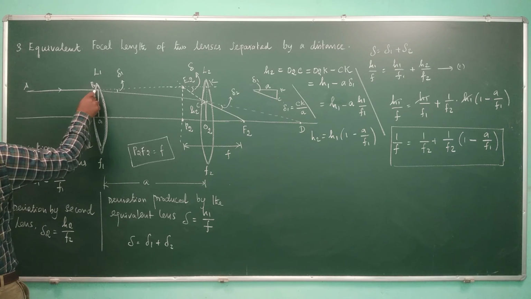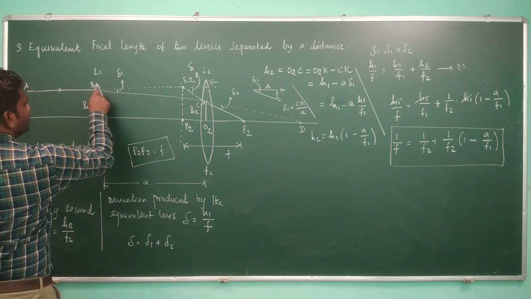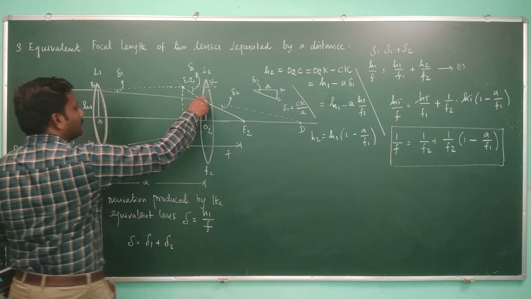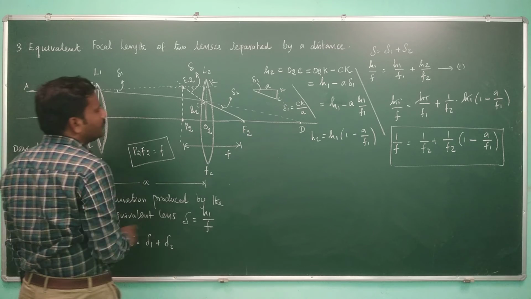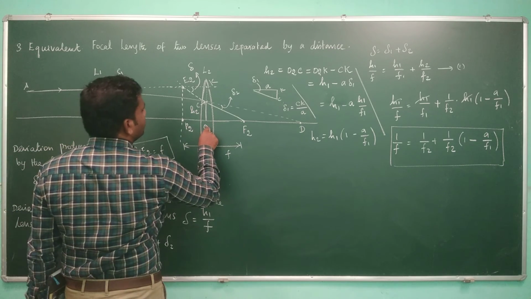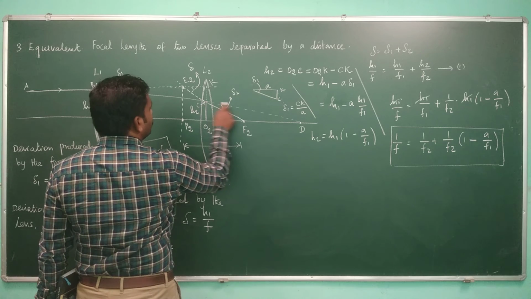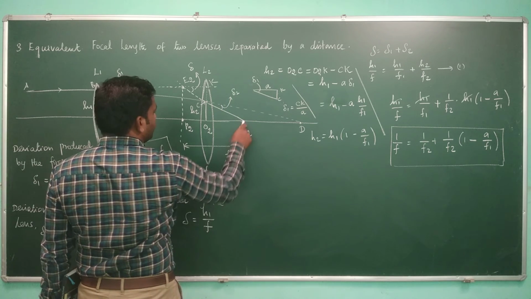There is a light ray that is getting refracted at an angle delta 1 with the first lens, and it touches the point in the second lens with the height h2. Here this height is h1. And at point C, at the height from the optical axis and optical center, this light ray undergoes the deviation delta 2, so that the final image appears at f2.